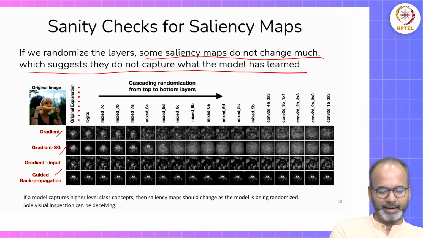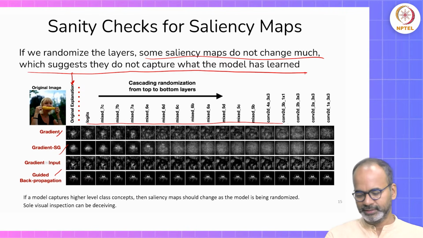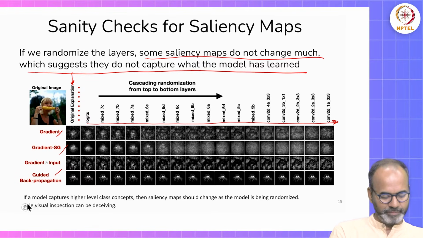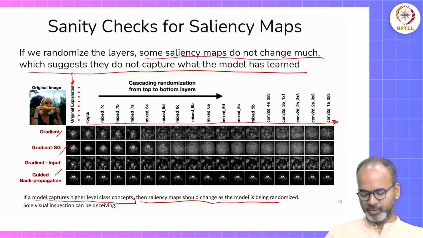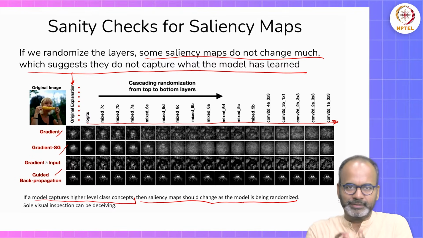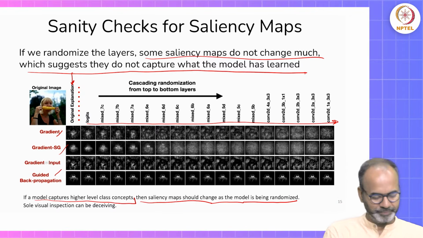And this is the original explanation, and these are the different layers, with cascading randomization from top to bottom layers. What is happening is, if a model captures higher-level class concepts, then the saliency map should change as the model is being randomized. So if the layers are making a difference, and if I randomize the layer, something should change.